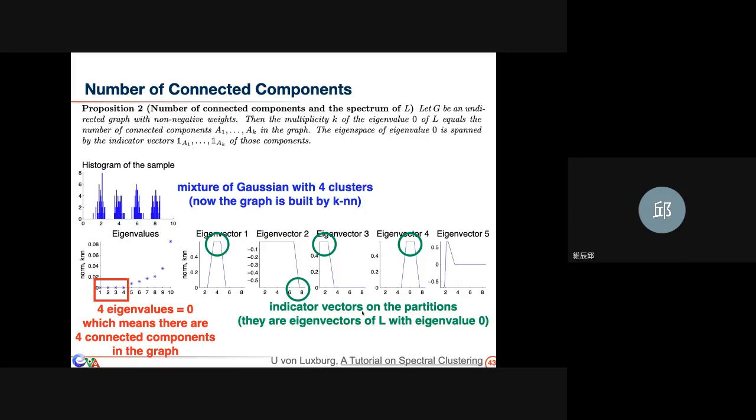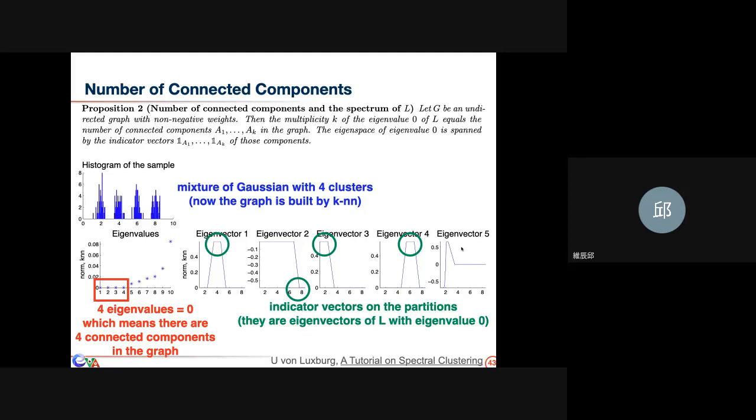So I want you to really remember this idea. Then you might also ask about the fifth eigenvector, and all the other eigenvectors in the following.